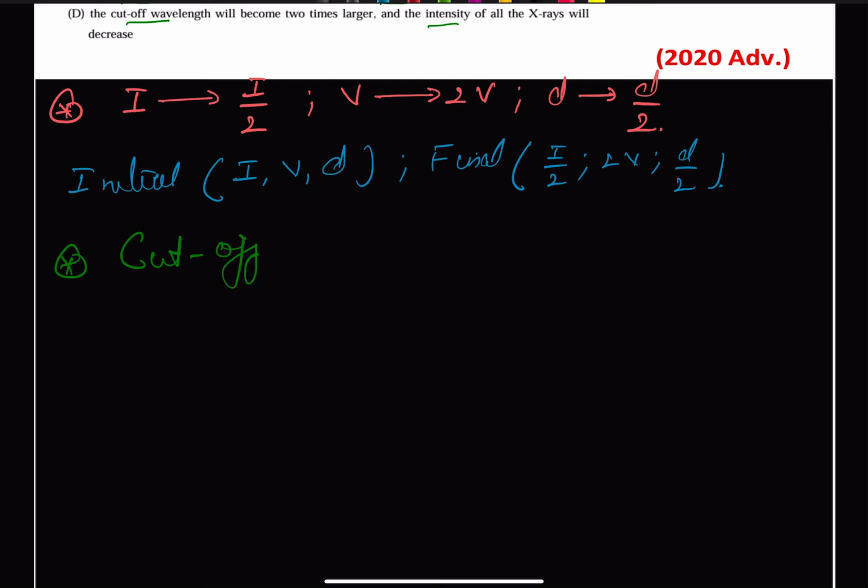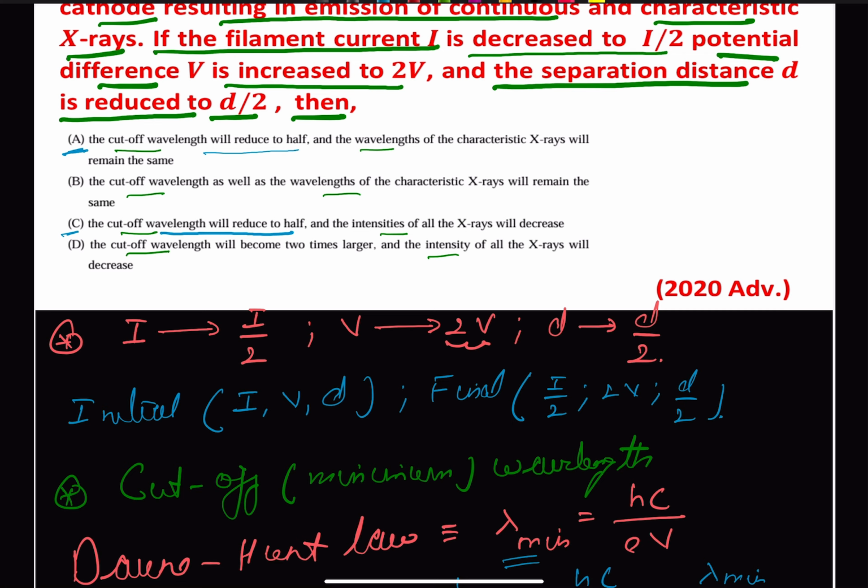So options A and C, because in both cases it is saying that the cutoff wavelength is reduced to half. Options D and B cannot be correct.